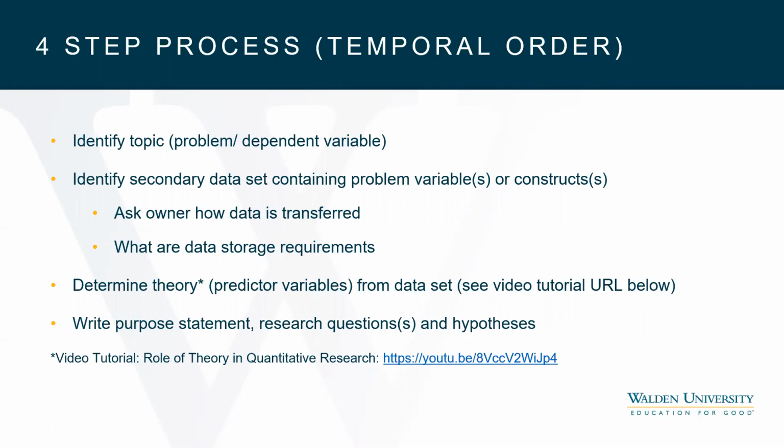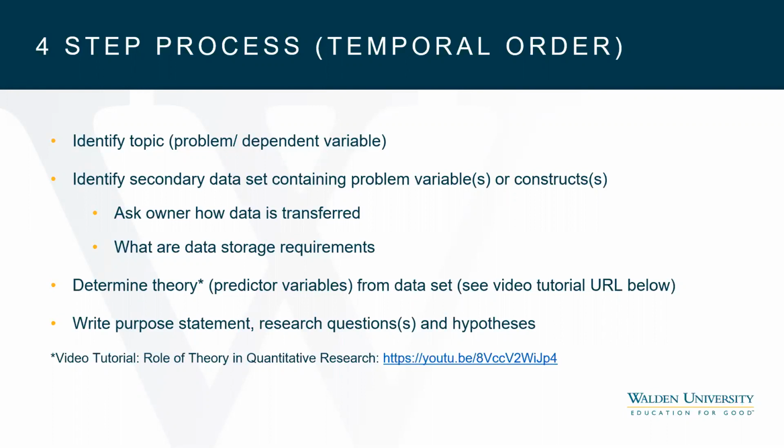And there's a link to a video tutorial titled The Role of Theory in Quantitative Research that you can review at your convenience that will give you a little bit more in-depth information pertaining to theory. So again, the theory sits on the predictor independent variable side.